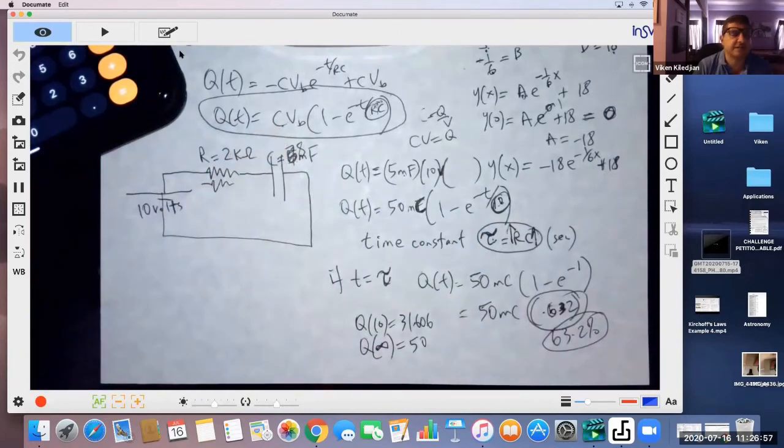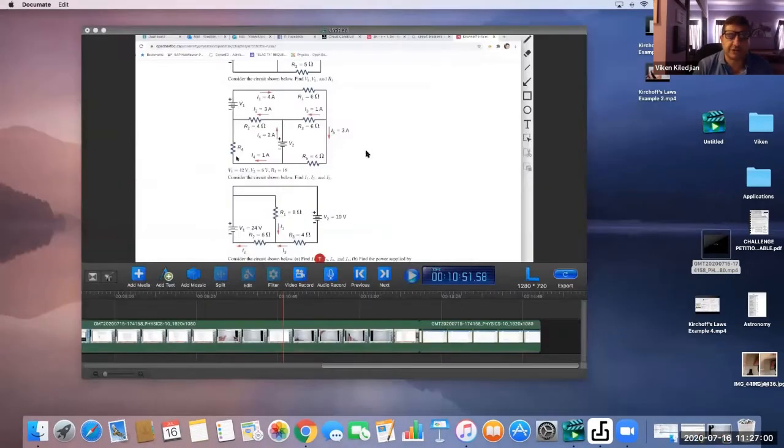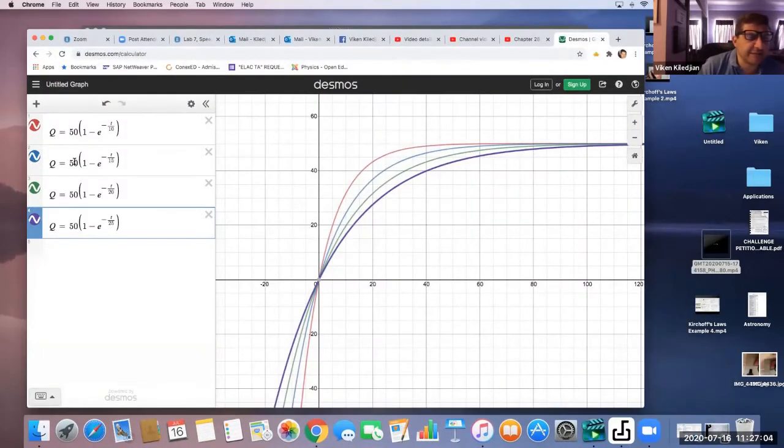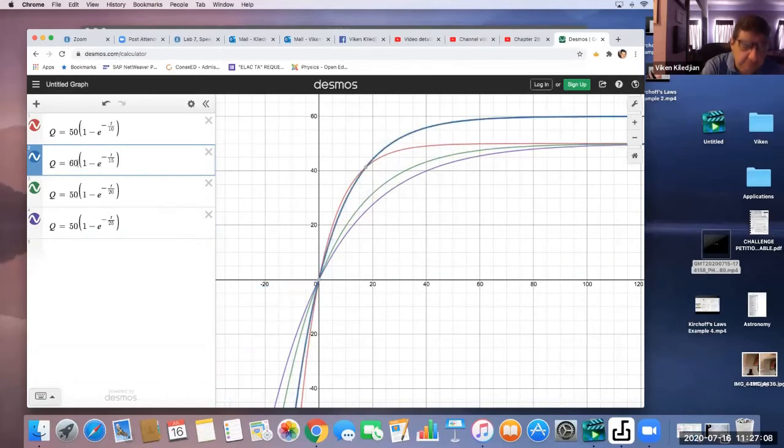So then if I change the capacitance to 6, what's going to happen? This is going to increase to 60. And this is going to increase to what? If I increase to 6, it's going to be 6 times 2, 12.